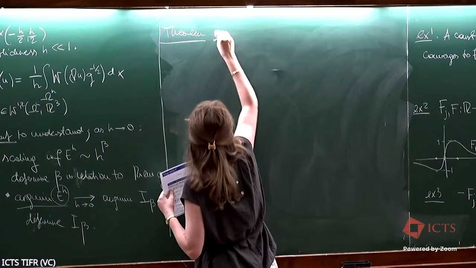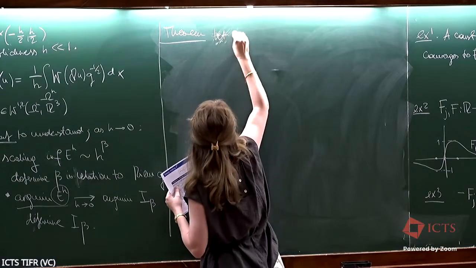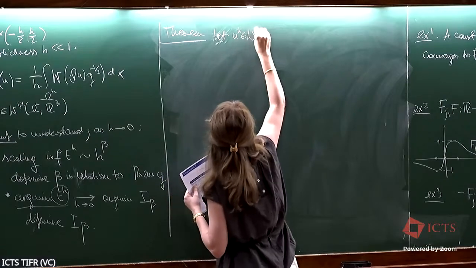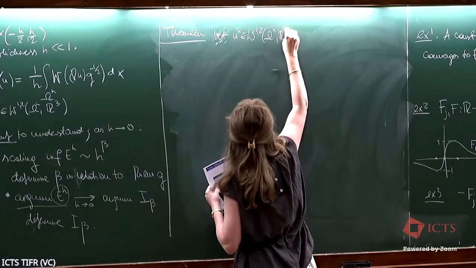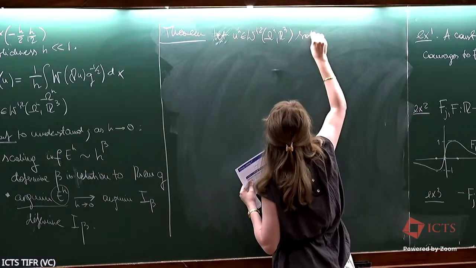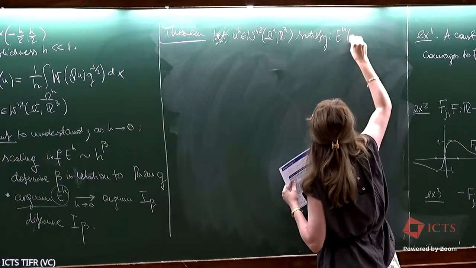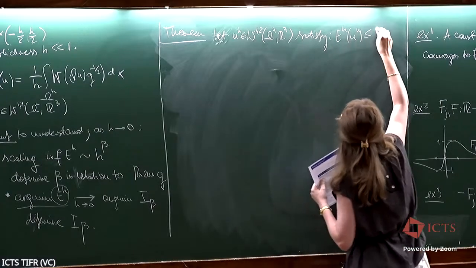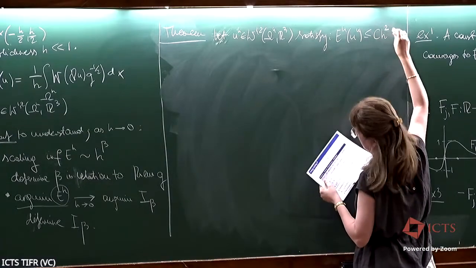So assume that, or let Uh in W^{1,2} from Omega_h to R^3 satisfy the energy bound Eh of Uh less or equal than a constant times h squared.